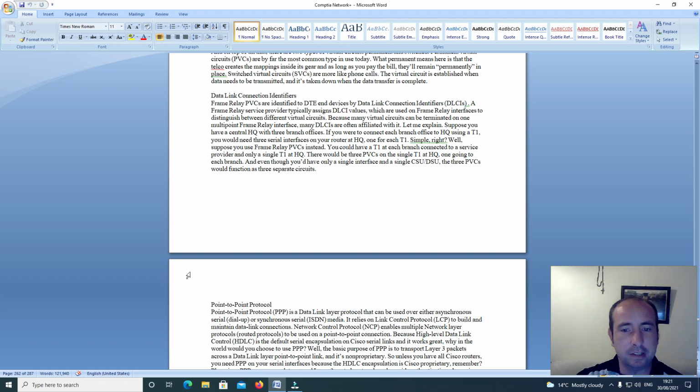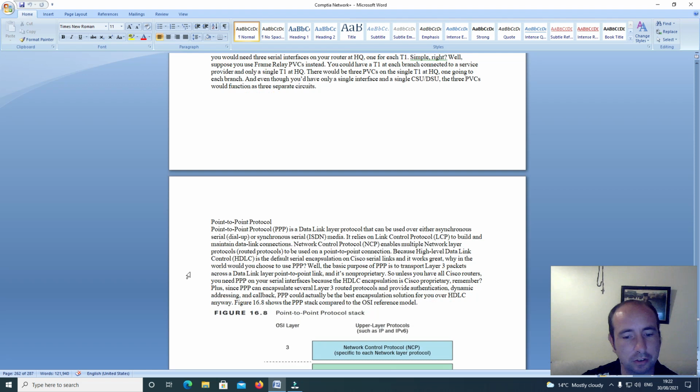You could have a T1 at each branch connected to a service provider and only a single T1 at HQ. There would only be 3 PVCs on the single T1 at HQ, one going to each branch, and even though you'd have only a single interface and a single CSU/DSU, the 3 PVCs would function as 3 separate circuits.